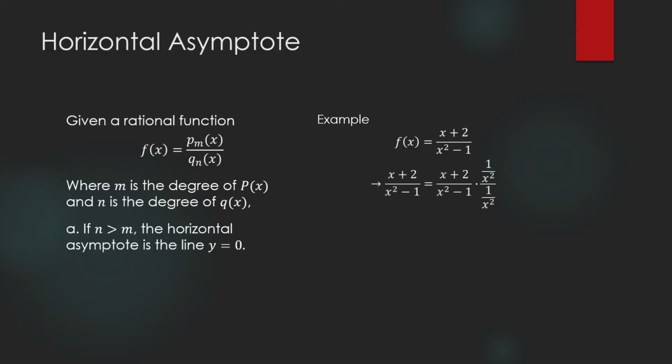So look at this. x plus 2 over x squared minus 1 is equivalent to this. Now, why so? Why is that equivalent to this? Because this one is just equal to 1. And any non-zero real number multiplied by 1 is equal to itself. So these two functions are equivalent.